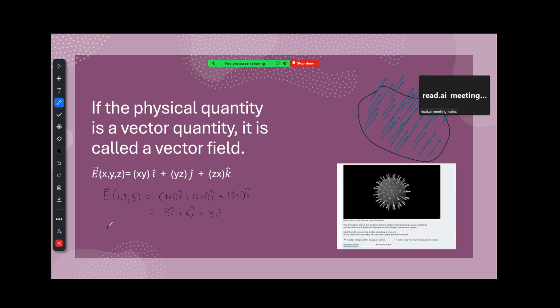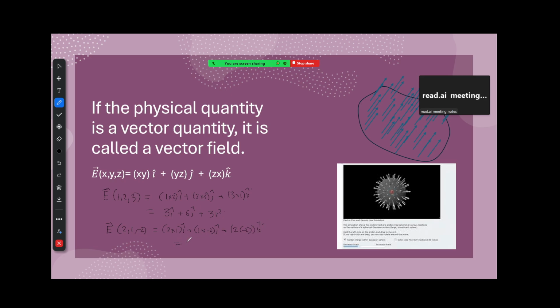Let's take another example of the same. Let's say the E is there, but this time we are taking the point as 2, 1 and minus 2. In this case it is xy, so it will be 2 into 1 into i cap, plus the next one is yz, so it will be 1 into minus 2 into j cap, and plus you will get xz, so it will be 2 into minus 2 into k cap.